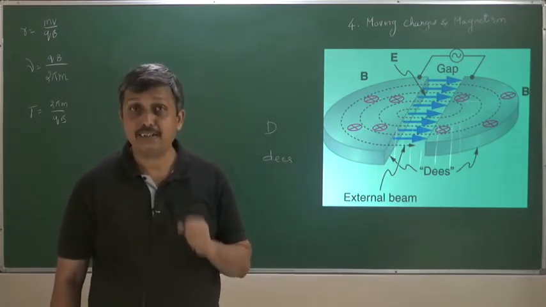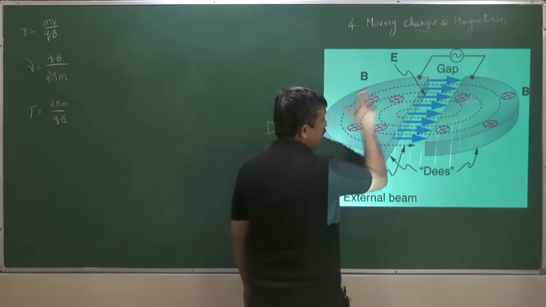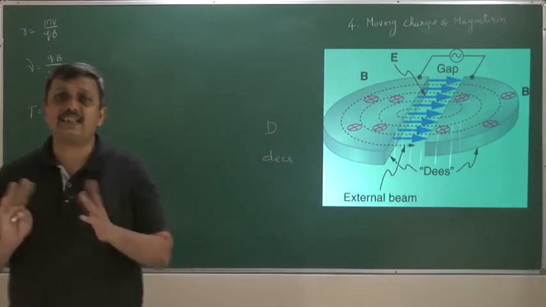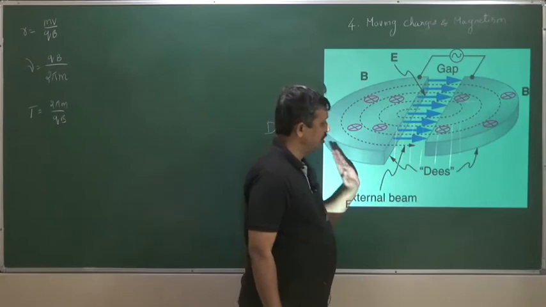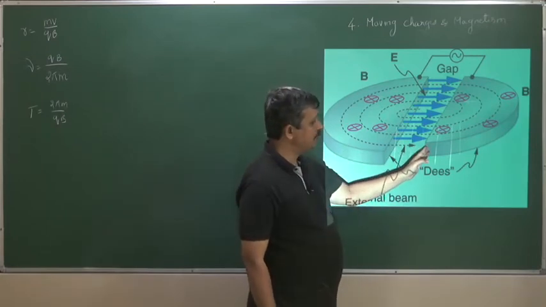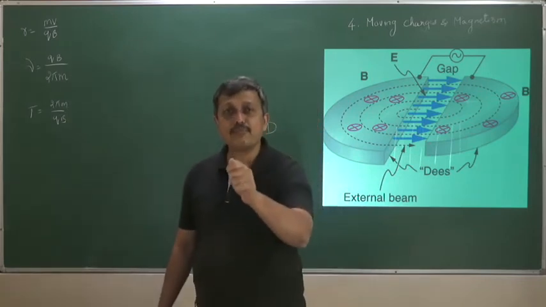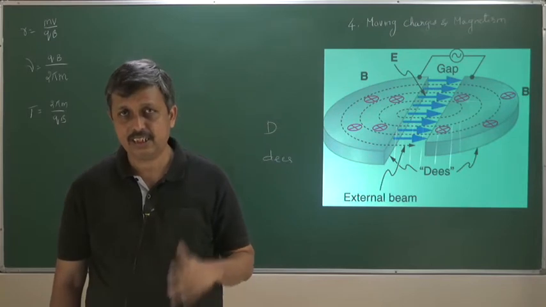In all the other areas it is completely shielded from the electric field. Only here, when it is outside the D's and before going to the next D, in this small area, it will be speeded up by applying a certain electric field E.